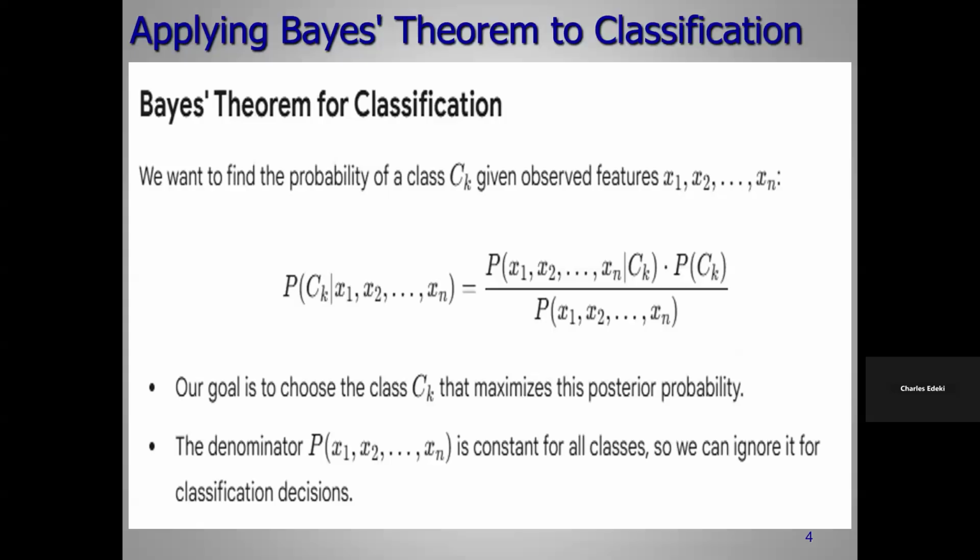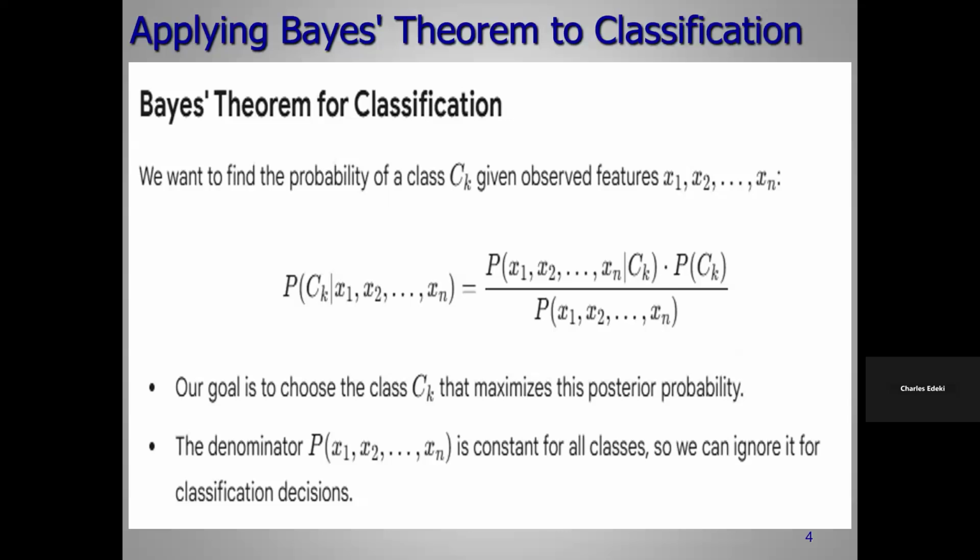And the last one, the probability of S1 to Sn in the denominator, will be the evidence: the probability of observing this particular combination of the features.